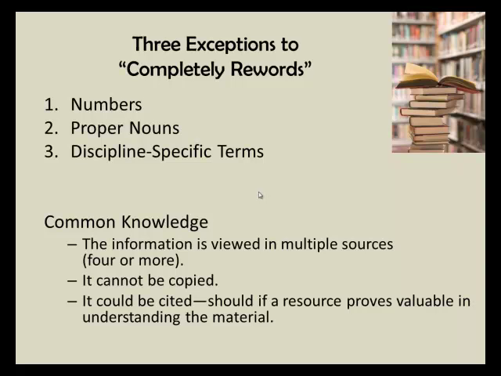And that is to say that common knowledge could be cited if a resource proves valuable to understanding the material. A couple of years ago, I had a student who was writing a paper about addiction, and it gave the typical physiological and some of the psychological things that addiction would do, but a definition that the student found in one of the encyclopedias in the library was just so phenomenal.